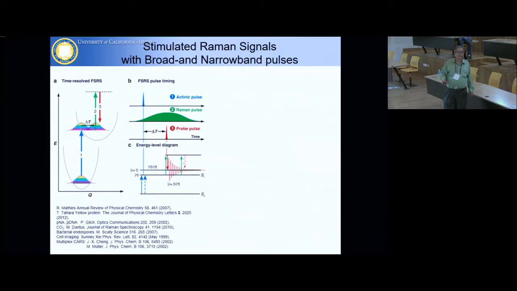So, what is the idea? You take a system, you excite it to an excited state, and then you do a Raman process, and then you can study vibrations. Now, in this particular experiment, the Raman process is done by a narrowband and a broadband pulse.